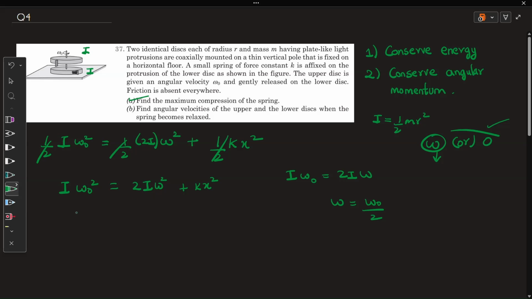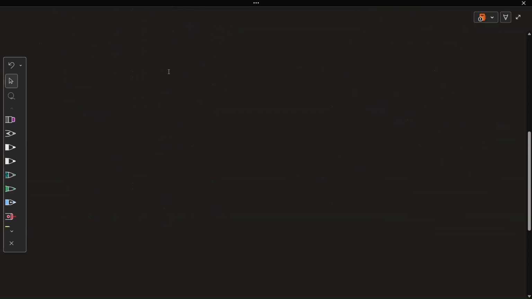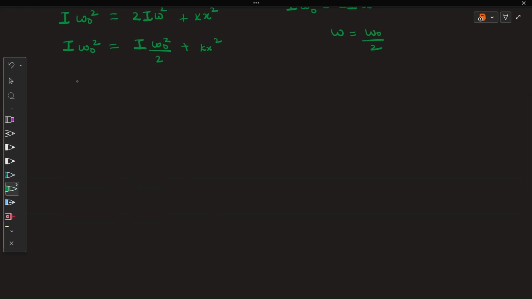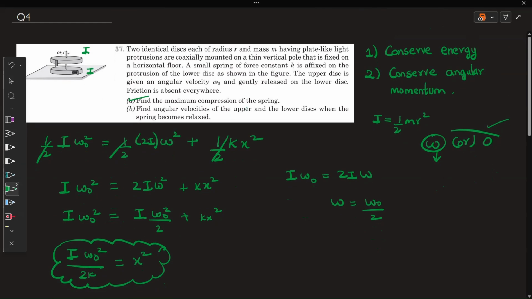Substituting, I omega naught square is I omega naught square by 2 plus k x square. So x square is I omega naught square by 2k.